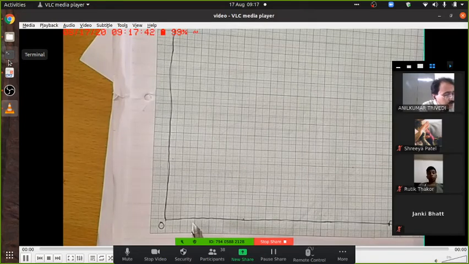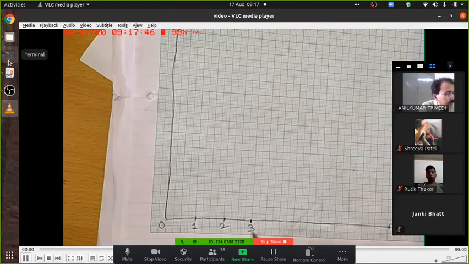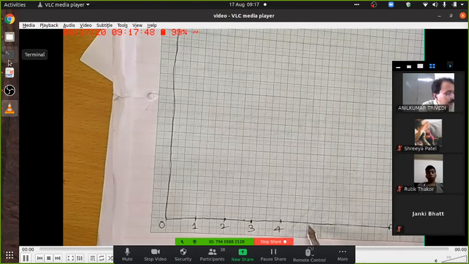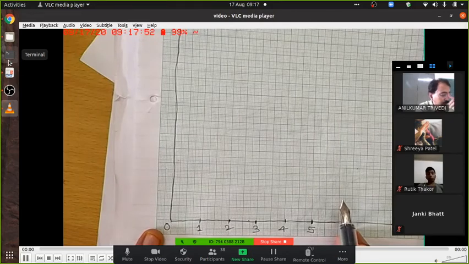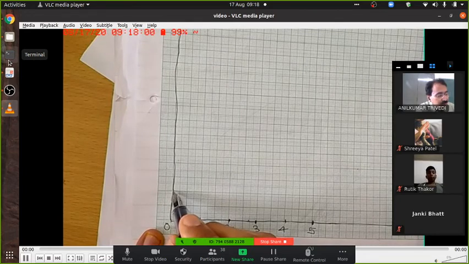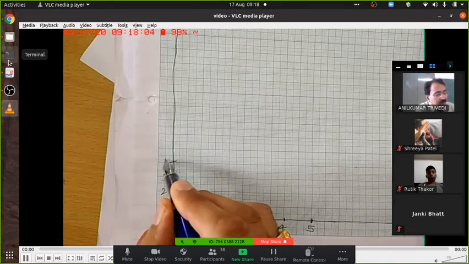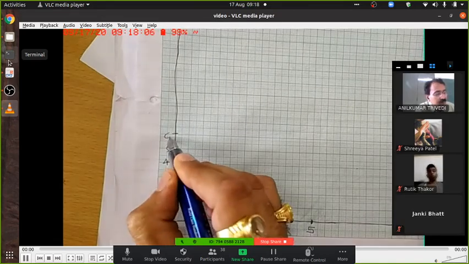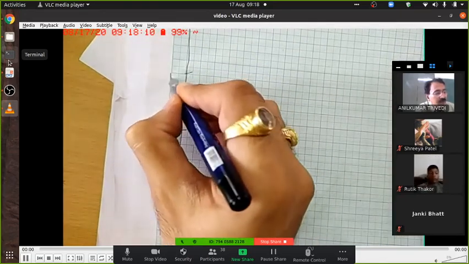So this is 1, 2, 3, 4, and let's say this is 5. Here the axis goes up to 16. So this is 1, 2, 3, 8, 10, 12.